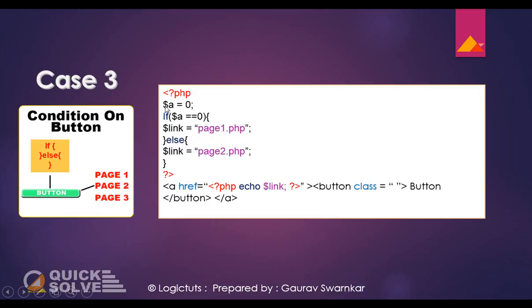Here's the PHP code, and this decides which page to open as per the condition given by $a. When the condition is true, this link directs to page 1, and if the condition is false, that link will direct me to page 2. So this is how we use the condition on buttons.